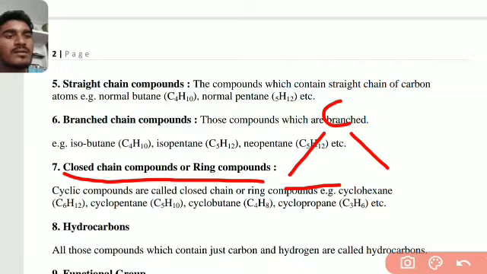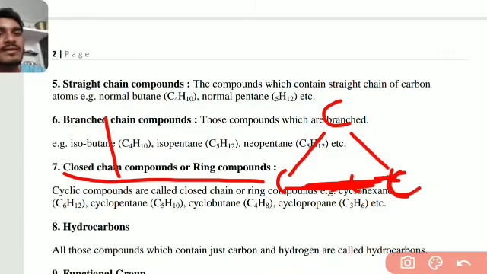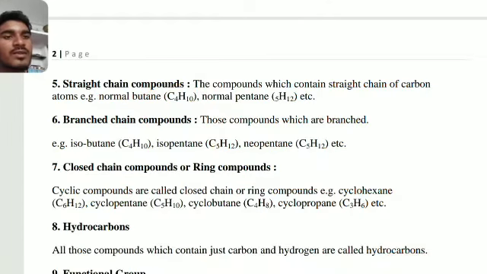Okay, the cyclopropane, here 3 bonds, this cyclopropane, and here side carbon, here 4, this is cyclobutane. Okay, and cyclopentane structure is 5.